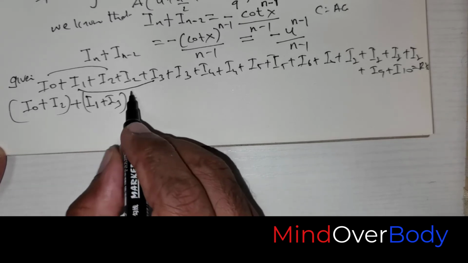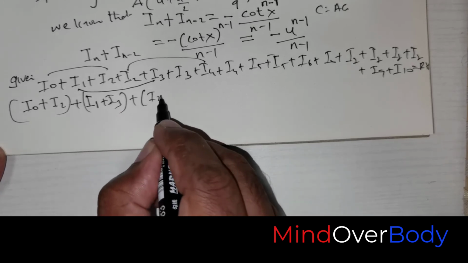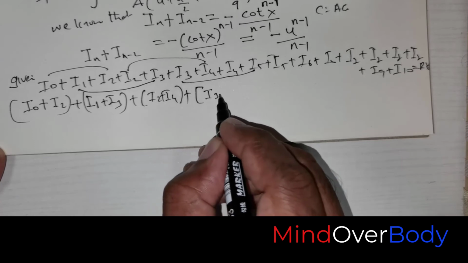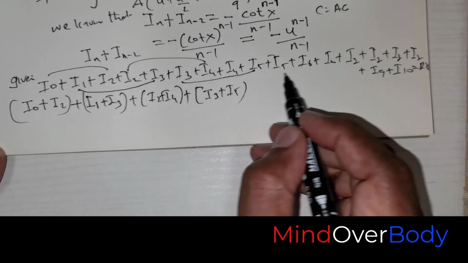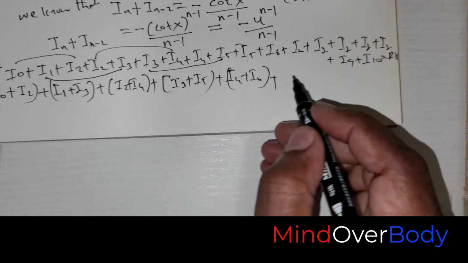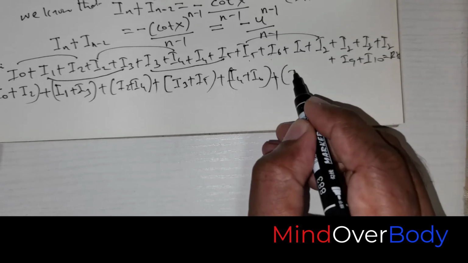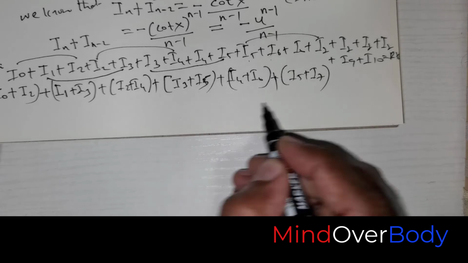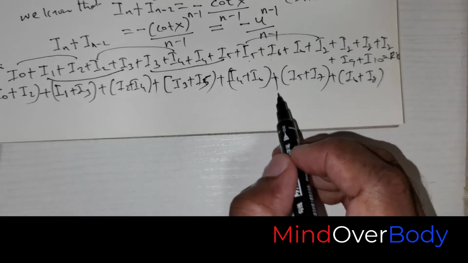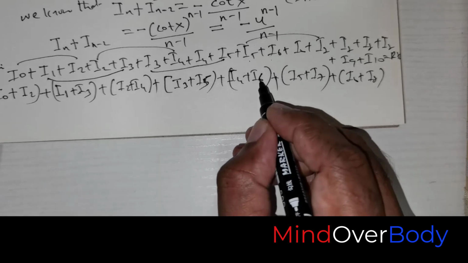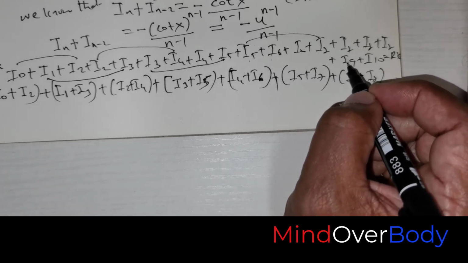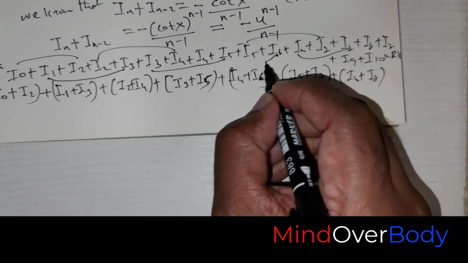Now I've got I_2, I would add this I_2 with I_4. Now I've got I_3, I will add this I_3 with I_5. Now I've got I_4 with I_6, so I will add I_4 with I_6. Now I've got I_5, I will add I_5 with I_7. Now I've got I_6, I will add it with I_8. So I_4 with I_6, I_5 and I_7, and I_6 with I_8. Okay, so this is done.